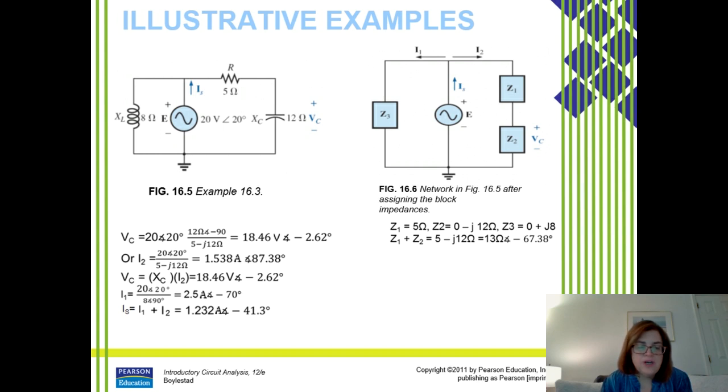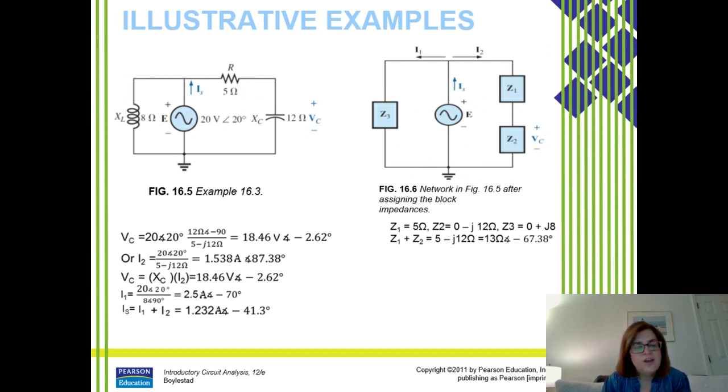That gives about 1.5 amps at an angle of 87 degrees. Since that's the current through both Z1 and Z2, we just multiply Z2 by that current to find VC. Once we do that, we get the same thing we found before, 18.46 volts at an angle of negative 2.62.